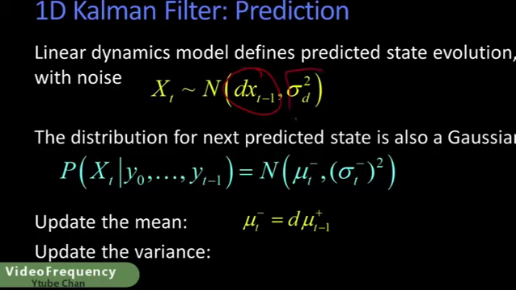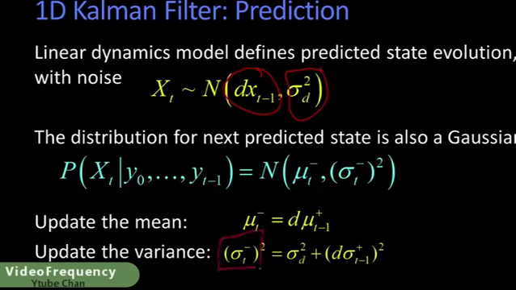We also added in some more noise when we took that step. So that means the new variance before we take a measurement is made up of two components. It's d squared times whatever the variance was before, so that's written as d squared times sigma t minus 1 plus, squared. Sigma t minus 1 plus is the standard deviation; if it's squared, it's the variance of what we had at the end of t minus 1.